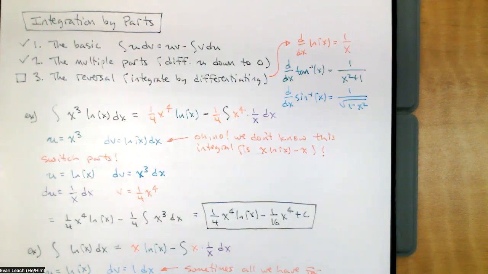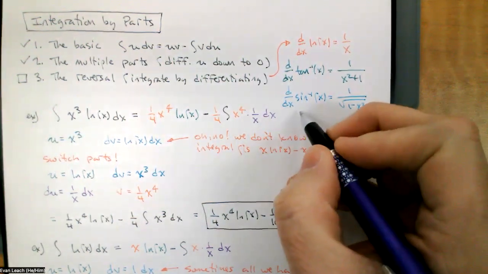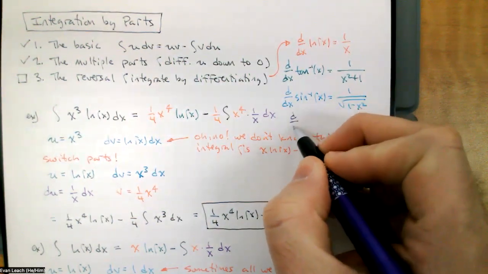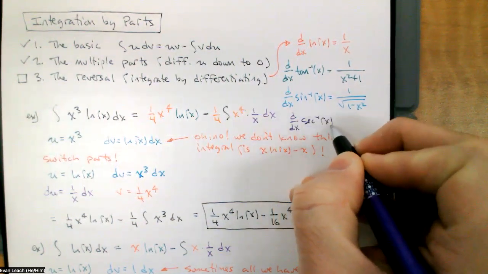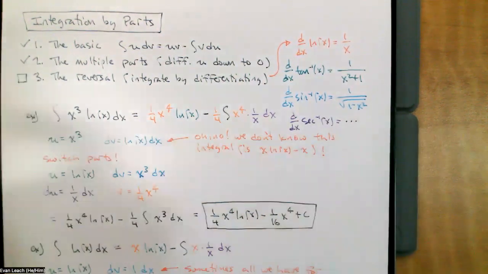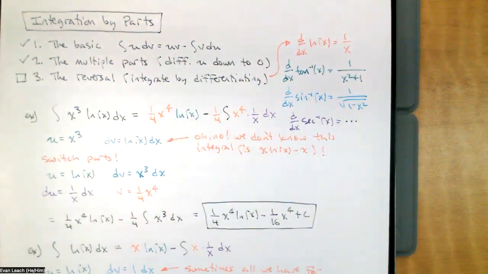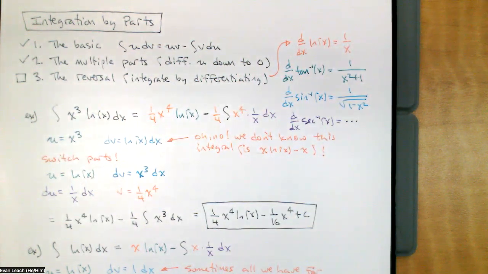The other one you should know, I guess, for completeness, although I don't know if this one shows up on the homework. You should look up the derivative of secant inverse. I don't write this one down to make you go look it up.